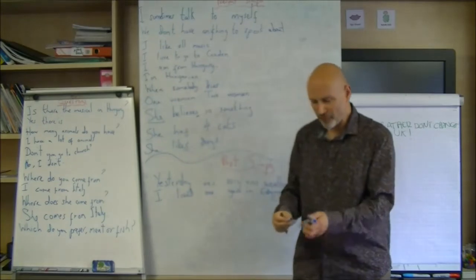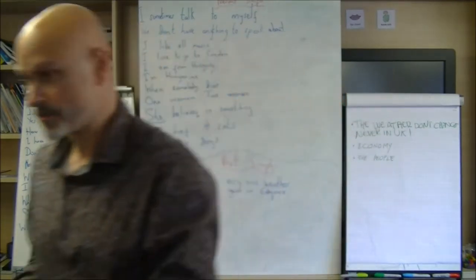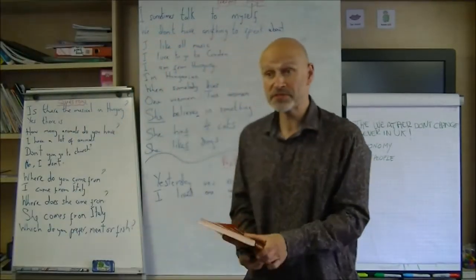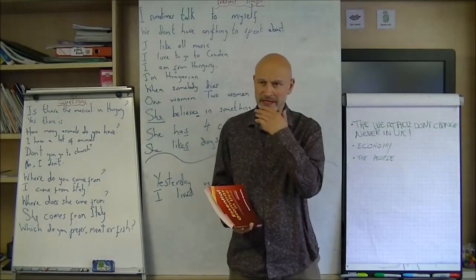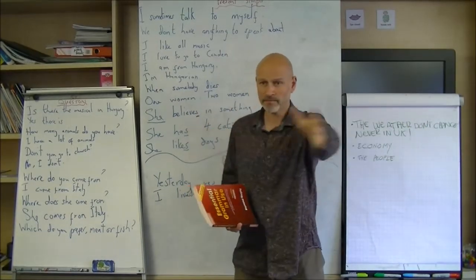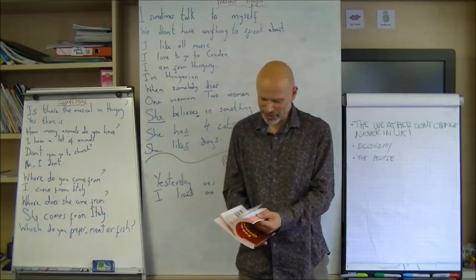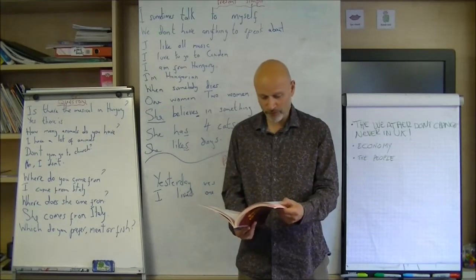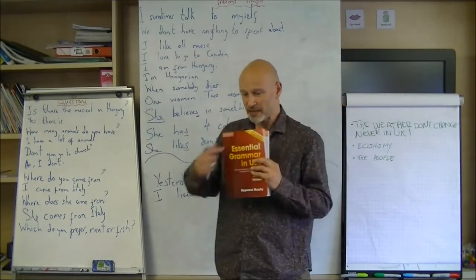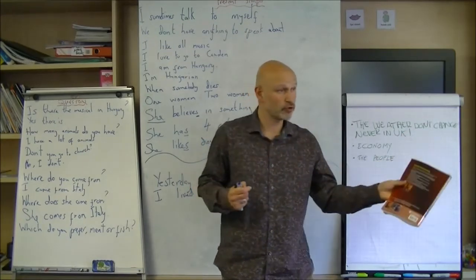So just for your information, John, if I could borrow your book for a second. There are lots of verbs. This is really not for you yet, Eliza, but it's for you, Alexandra, and most people here. On page 244, Essential Grammar in Use. This is the important, essential book for all of you.